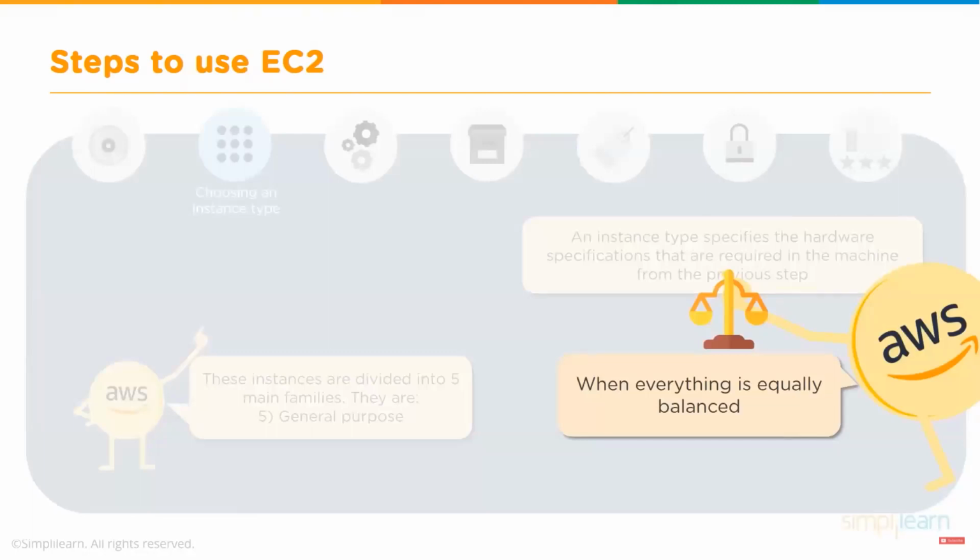If you're not particular about the family, then you generally would end up picking general purpose, because here the resources are equally balanced. You'll find a balance between the virtual CPU, the memory, the storage, and the network performance. All the components and features that need to go in a computer are balanced in general purpose.